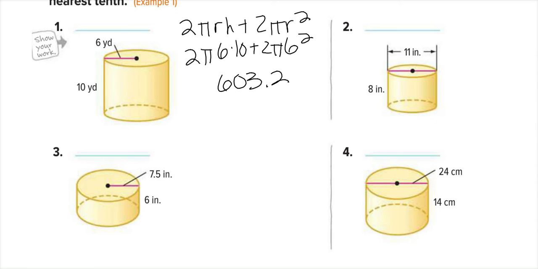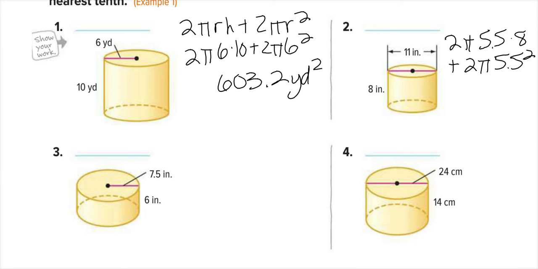Yep, 603.2. That's going to be yards. Okay, let's go over here to number 2. For this one, it's going to be 2 pi and then 5.5 times h, so it'd be 8, and then plus 2 pi times 5.5 squared.